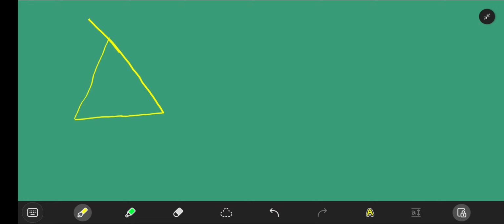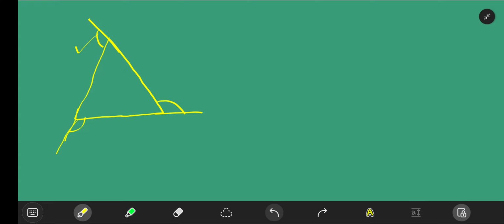This is one exterior angle, this is another exterior angle, and this is another exterior angle. Now the sum of these three exterior angles of a triangle, any triangle, will be equal to 360 degrees.